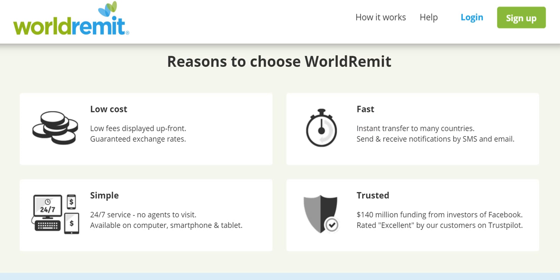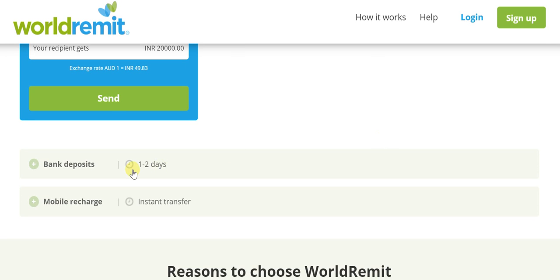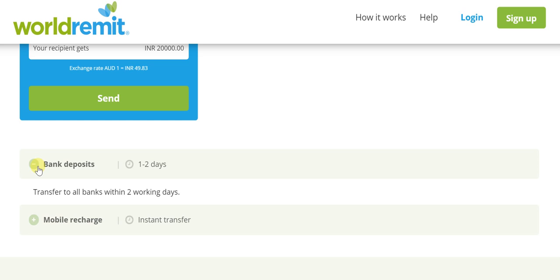In fact, in many countries, it is instant. Even in this particular case, with bank deposits, we find that they take as little as 1 to 2 days, and that to all banks. So, whether it's State Bank of India, whether it's HDFC Bank or ICICI Bank or Axis Bank or Indian Bank or any of the other banks. There are numerous banks in India: Indian Overseas Bank, Canara Bank.